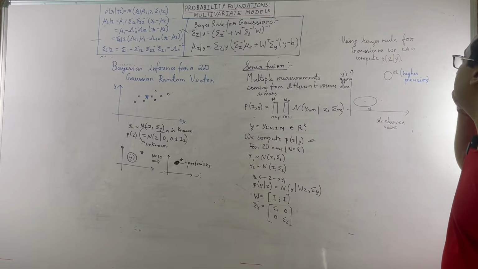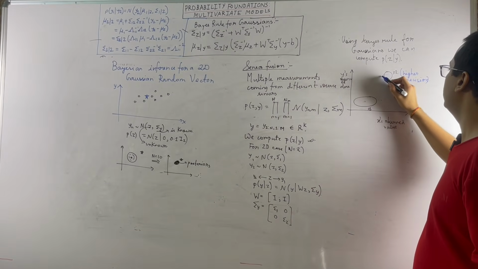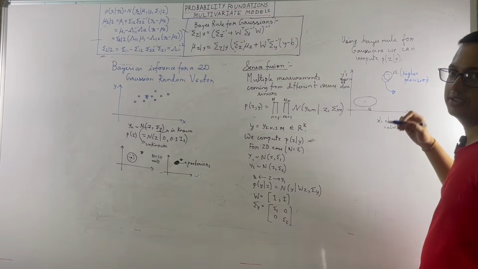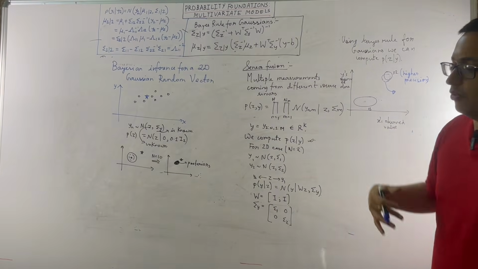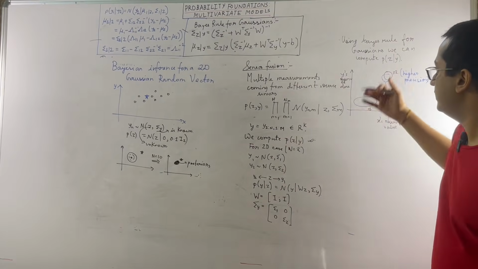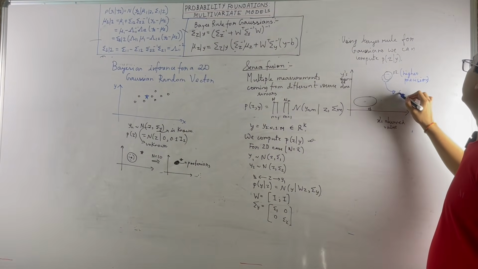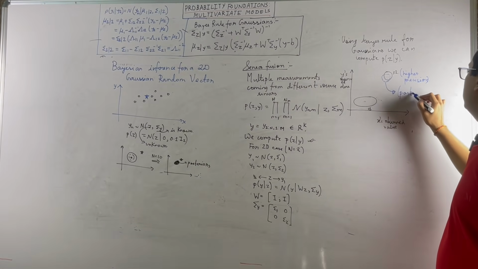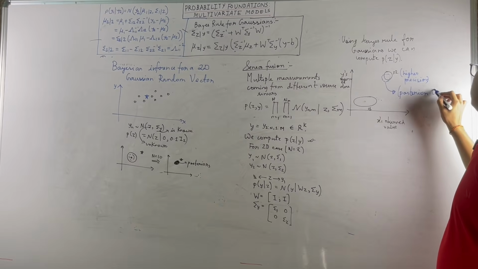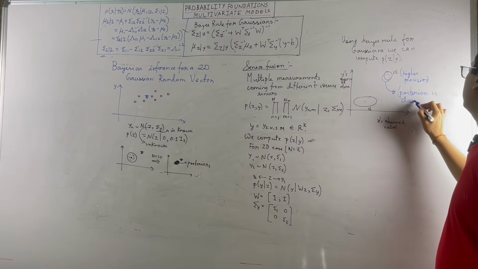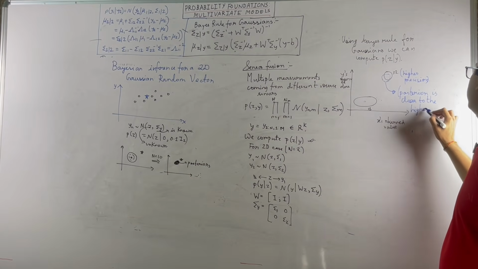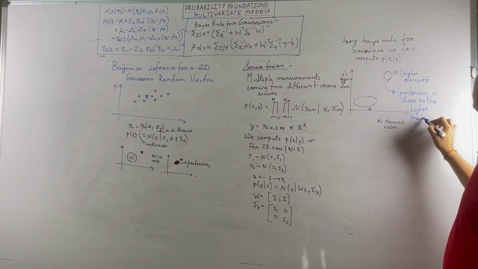So when you compute p of z given y, the resulting posterior will be closer to S2 than S1, right? This is the basic idea, because the posterior is a convex combination of these. Okay, so the posterior is closer to the higher precision side. It will not be closer to S1.